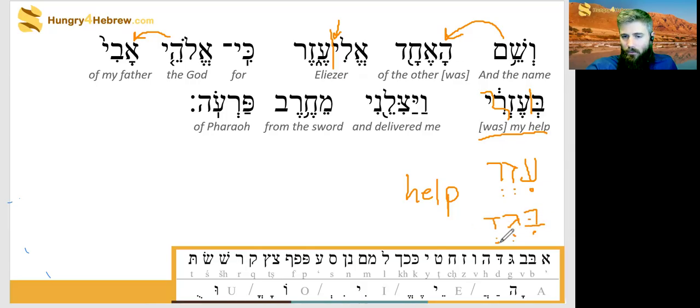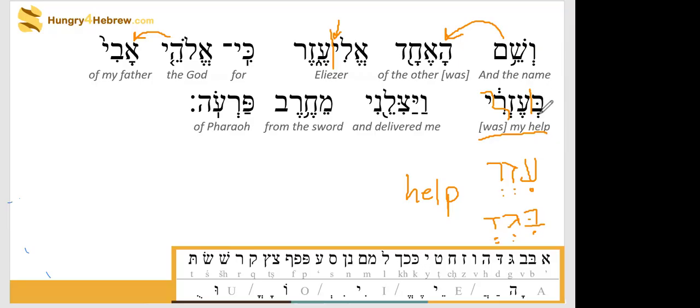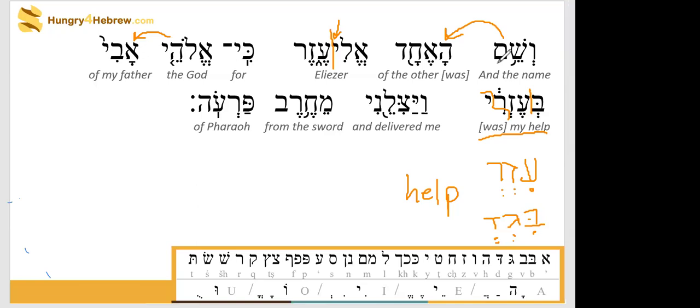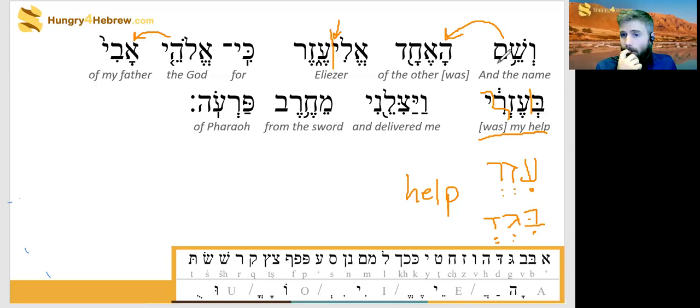The bet is a preposition, definitely, but it doesn't necessarily make the following word an infinitive construct. An infinitive construct is a verbal noun, whereas this is just a straight up noun. So the translator just ignored it. Yes, absolutely.